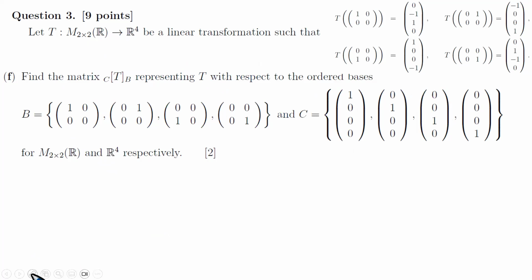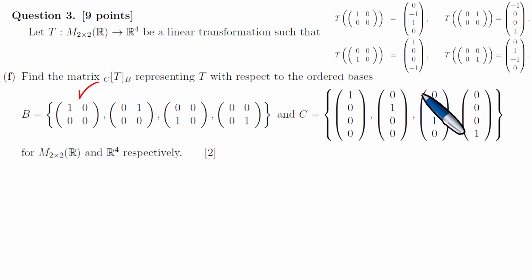Now, to do this question, we write matrices as a linear combination of other matrices. For example, if you take this one, can it be written as a linear combination, in terms of the map T, of certain images?